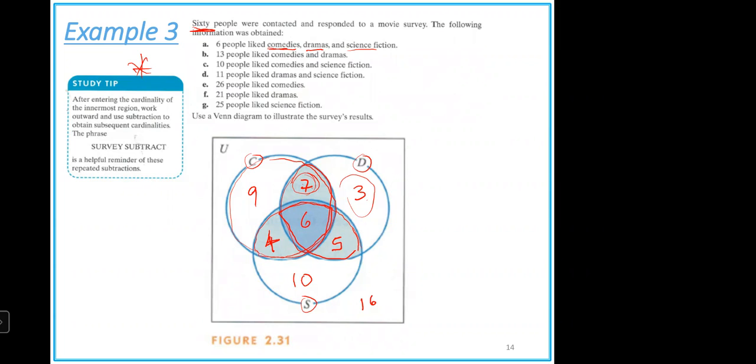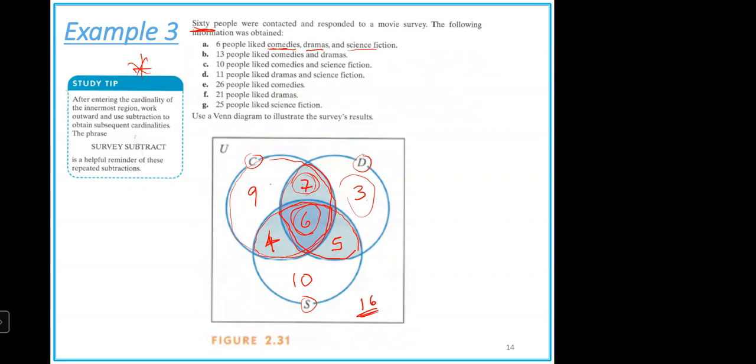So once you put that innermost region in, you subtract and you keep subtracting until you fill in all the regions, and then you check to see if all of what you filled in equals the total that's involved in the survey. And if there's excess, then you put them on the outside of the circles.